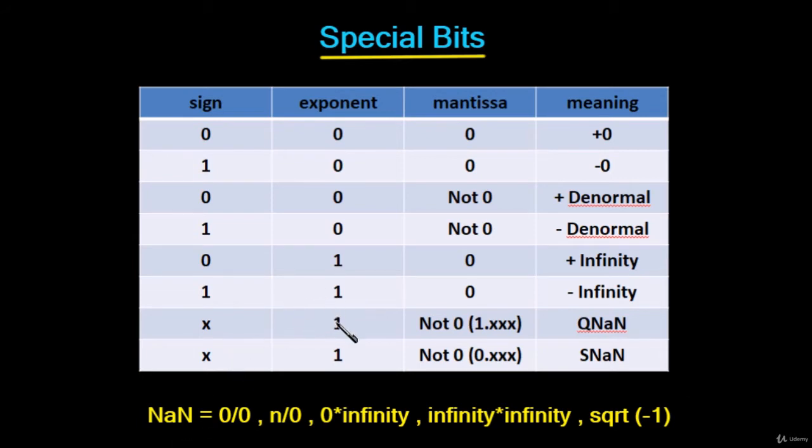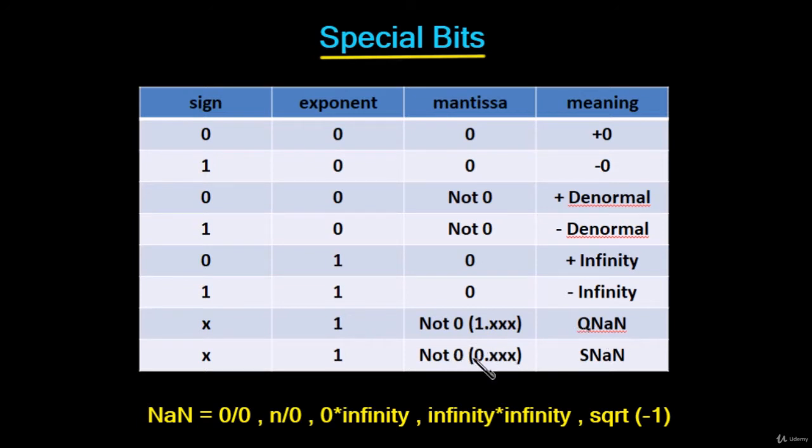So in order to get not a number, we don't care about the sign. The exponent is all ones. Now, for not a number, we're going to have at least one value of 1 in the mantissa. And if the very first one is a 1, then we call that a quiet not a number.